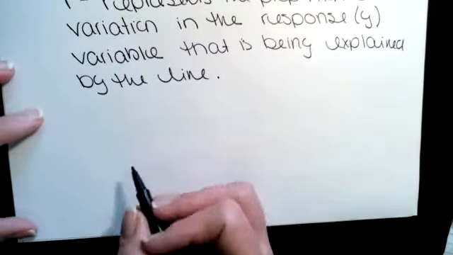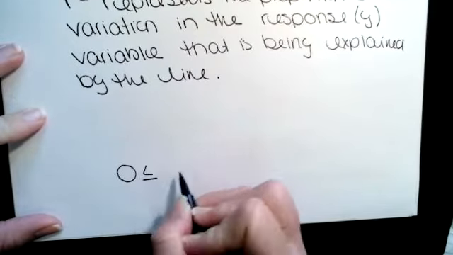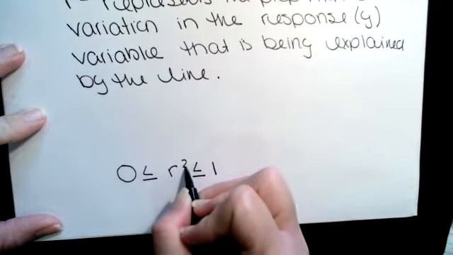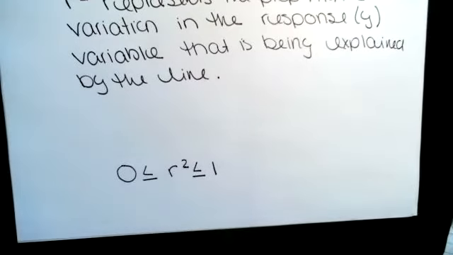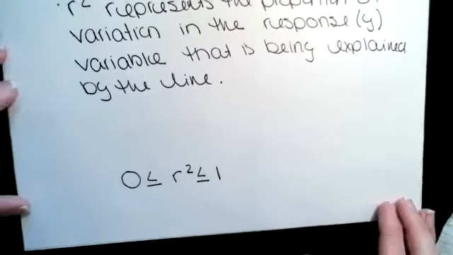So here we're going to see where r squared is actually between 0 and +1, which should make sense because when I square any number between -1 and +1, I will get a value between 0 and 1, okay?